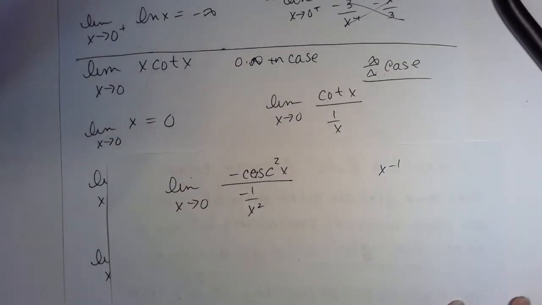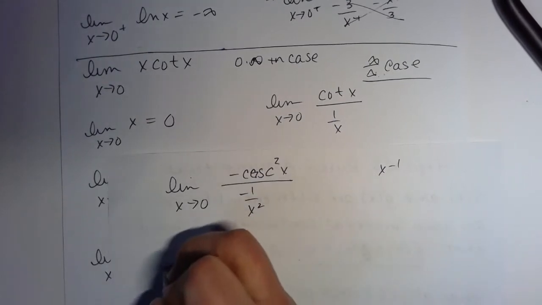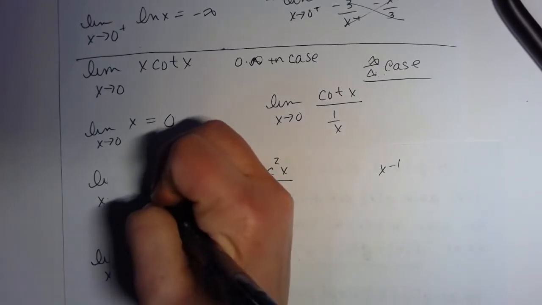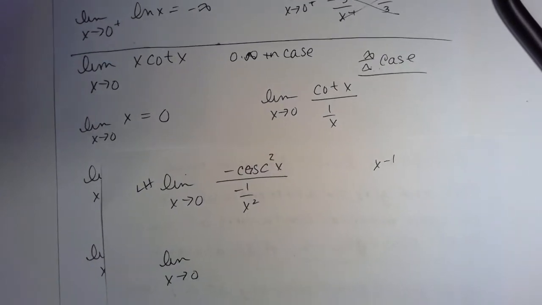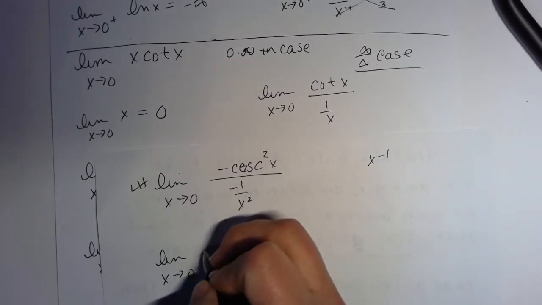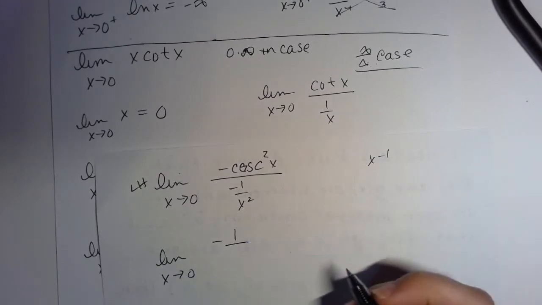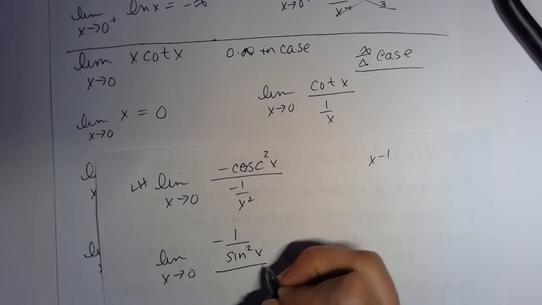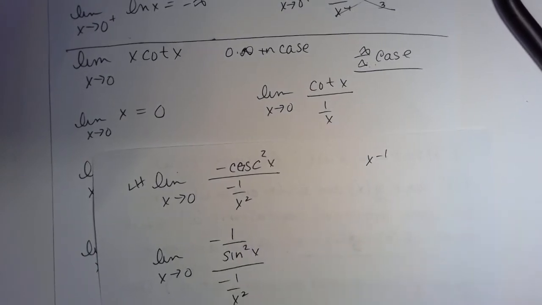Okay, so now what do we have? I don't like cosecant squared. So let's think of this instead as a limit as x approaches 0. Actually, I did use L'Hopital's rule up here, so I should mark it. So I'm going to write this as negative 1 over cosecant, which is really sine squared. And then this is negative 1 over x squared.